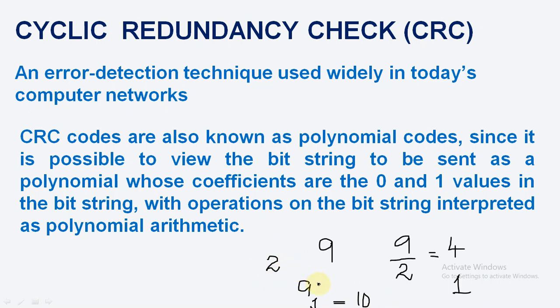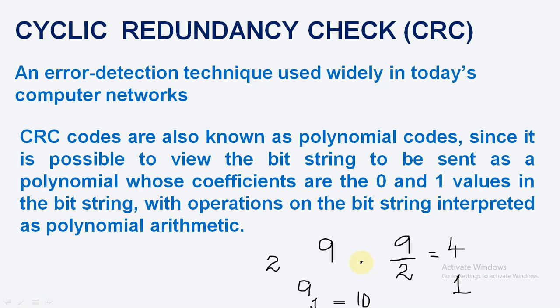Therefore the receiver will be dividing this 10 by 2, and if he doesn't get any remainder, then nothing has happened to the data. If he gets a remainder at the receiver's level, then definitely it is going to be assumed that errors must have happened.